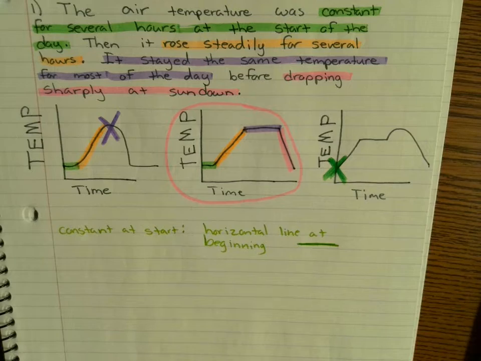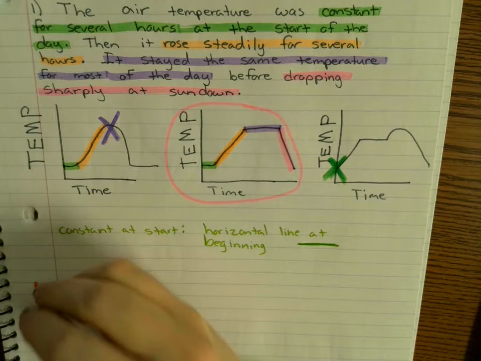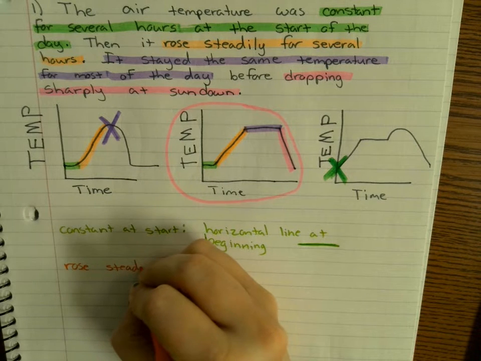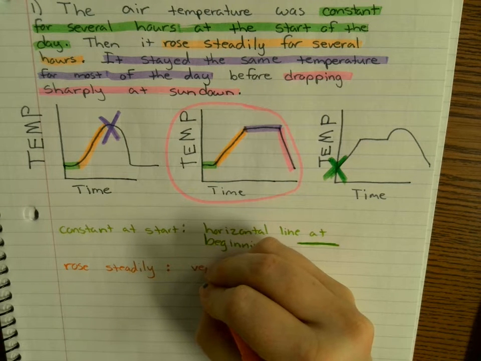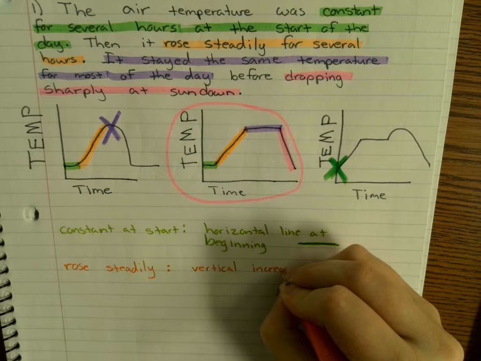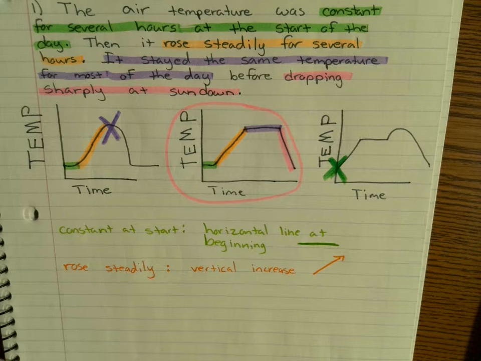When we talk about the fact that it rose steadily, that meant that you had a vertical increase. A vertical increase. It's going up.